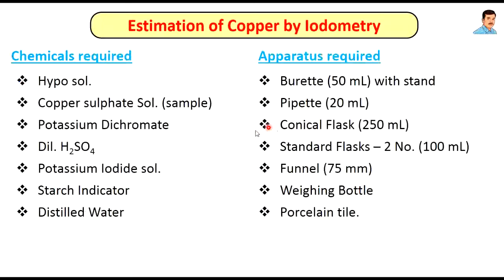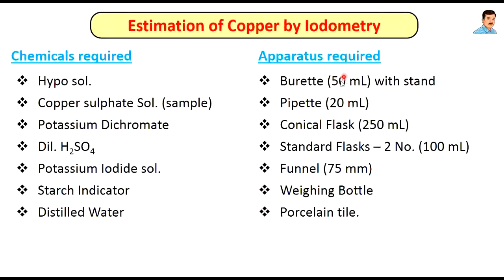The chemicals required for this experiment are hypo solution, which is the sodium thiosulfate solution, copper sulfate solution, which is the sample solution, potassium dichromate, which is the primary standard solution, then dilute H2SO4, which is the additive here, potassium iodide solution as we are following the iodometry technique, starch indicator, and some distilled water.